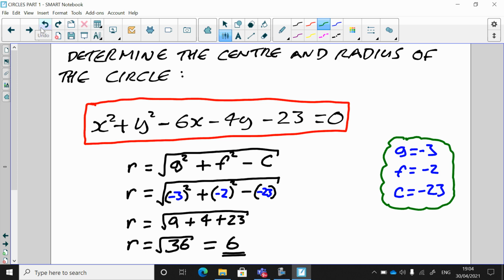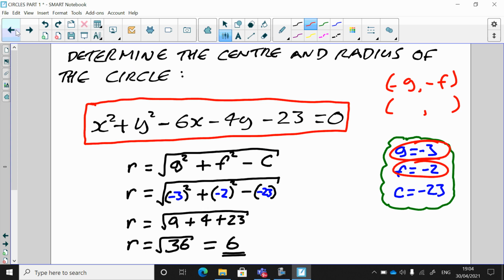I don't think I've actually put in the centre here. So I'm just going to put up here that the centre is negative g, negative f. So there's g, there's f.